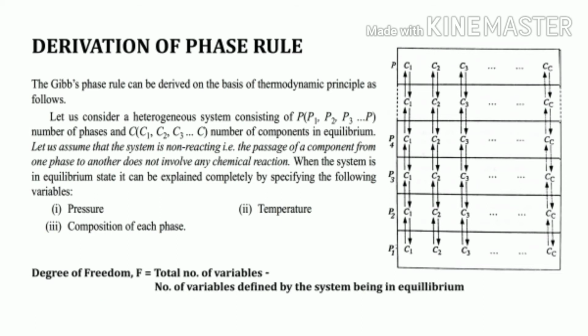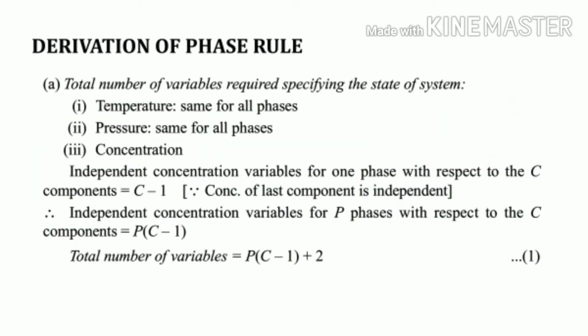Okay. Now the total number of variables required for specifying the state of the system is temperature, which is the same for all the phases, pressure, which is also the same for all phases, and concentration.